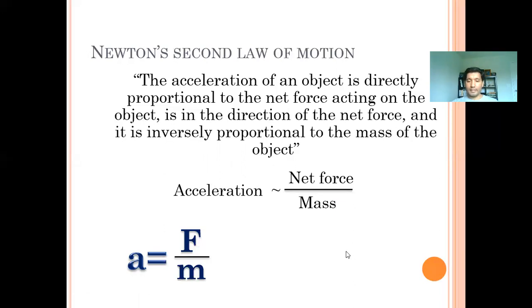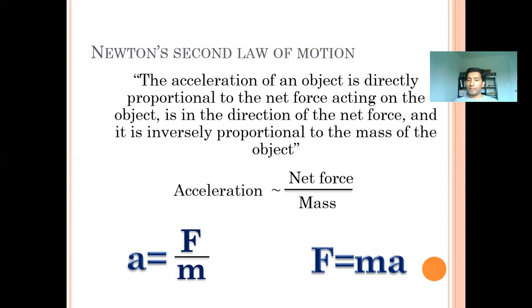A, right? F equal to ma. This is Newton's second law of motion. Force equal to mass multiplied by acceleration. Look at here.